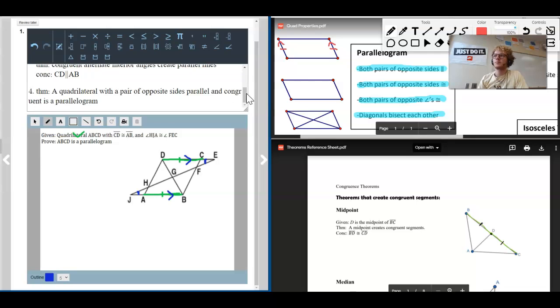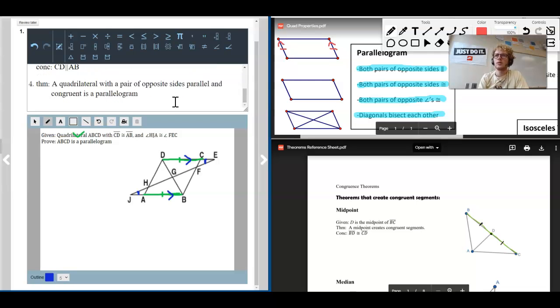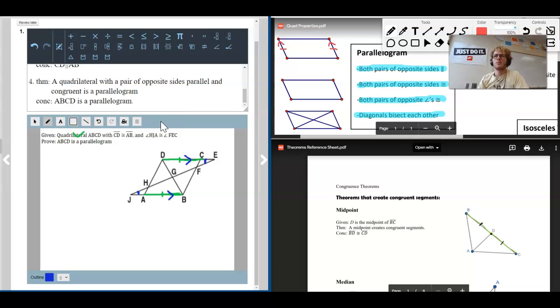Okay. So I'm going to enter, space it over. There we go. So our conclusion is that ABCD is a parallelogram. Okay? That's it.